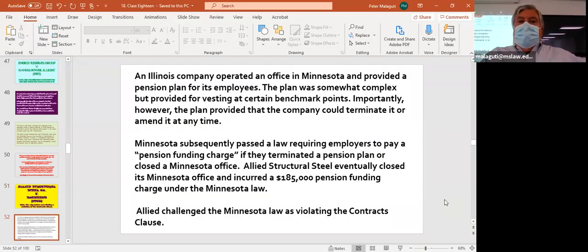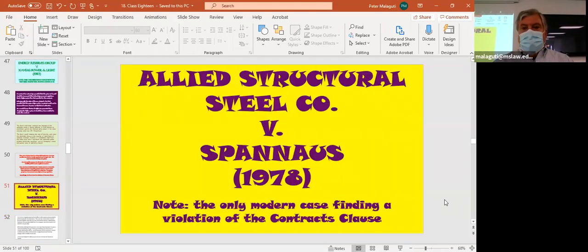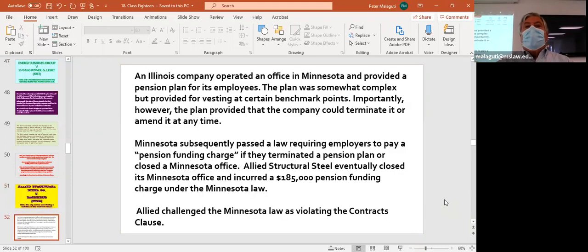So this corporation, the Allied Structural Steel Company, is an Illinois company, and it's got an office in Minnesota, and it gives benefits to its employees and provides a pension plan to its employees. And like many pension plans do, this one provides for vesting at certain benchmarks.